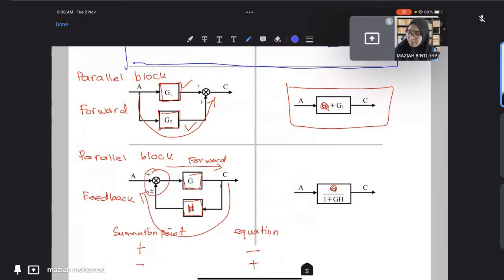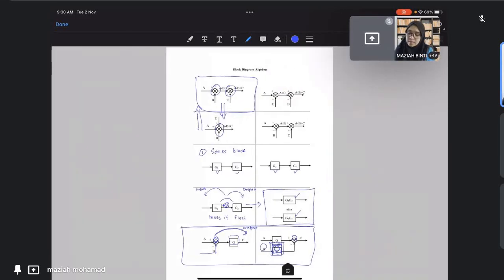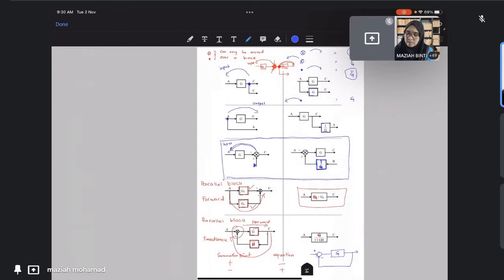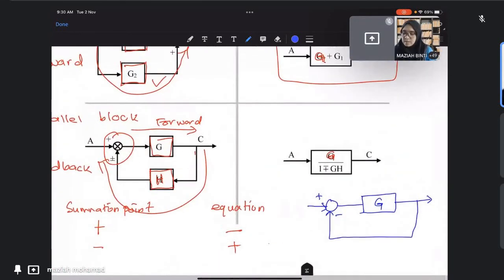One more concept that you need to understand is, for example here, you can see the feedback is only a line without any block.